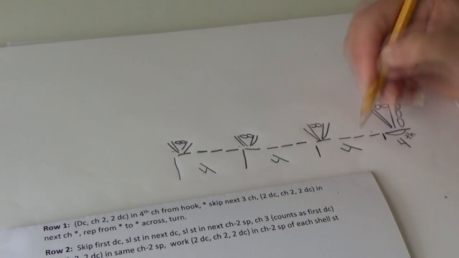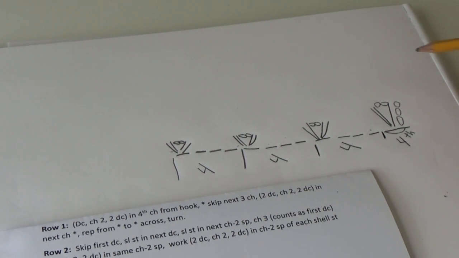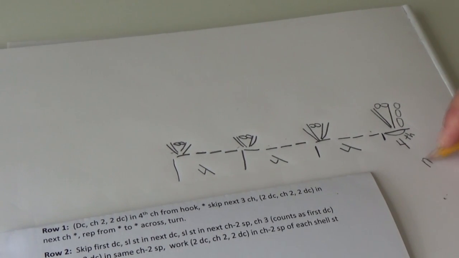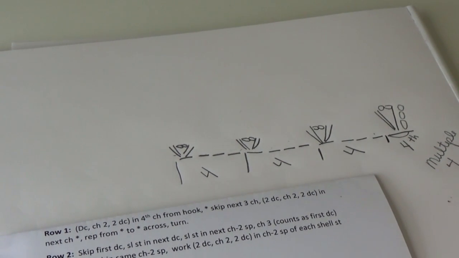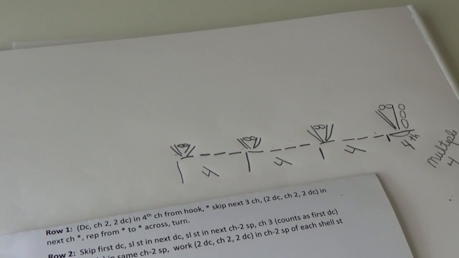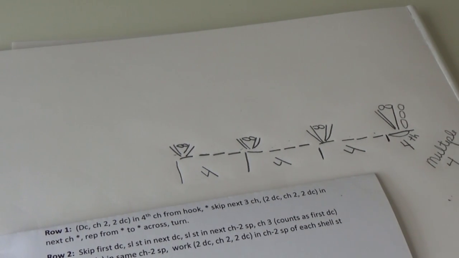So you have 4. Because you started your first stitch in the 4th chain, this is how you determine your multiple. So this one's pretty easy. You have a multiple of 4.